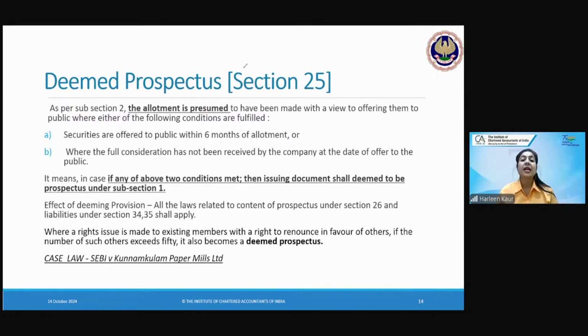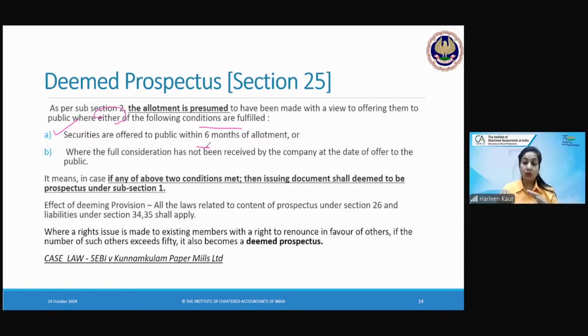Deemed prospectus. It shall be deemed to be a deemed prospectus if either of the following conditions is fulfilled. Number one, securities have been offered. So you have given it to the issue house to take the securities. So what is the deemed prospectus? Where the company is trying to avoid all those headaches of SEBI regulations. They have given the securities to the issue house so that they can sell it further to the public.